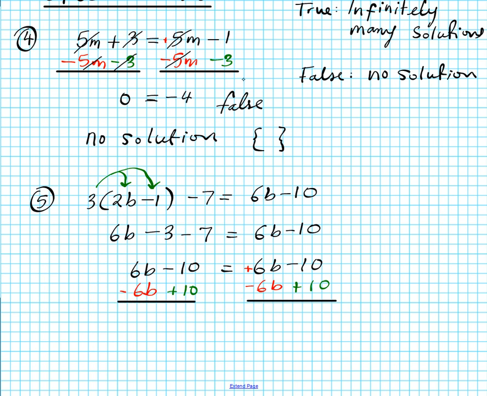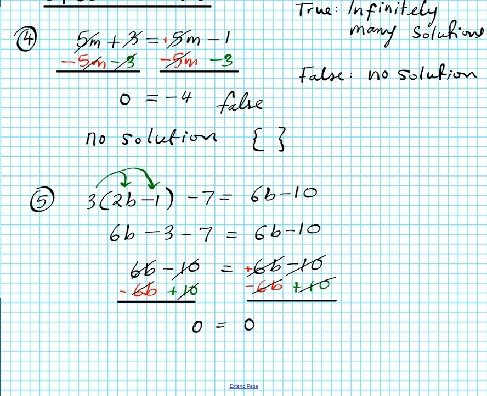On the left side, these were opposites, so they cancel each other out. These two are opposites too, so you're going to have 0 on the left. On the right side, these are opposites, they cancel each other out. These are opposites too, so you have 0.